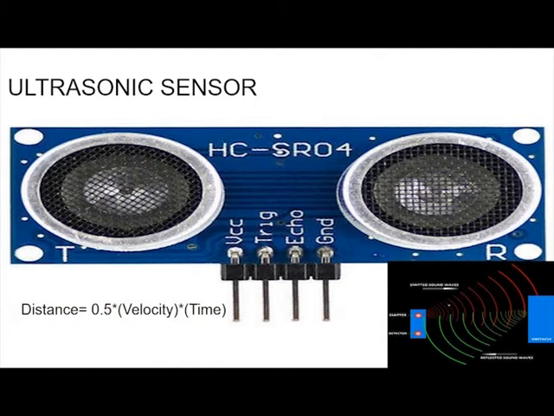When the trigger pin is set to high, that means the trigger or transmission of the ultrasonic waves. Echo pin is connected to the receiver that receives the echoing part of the reflected sound waves by the obstruction.